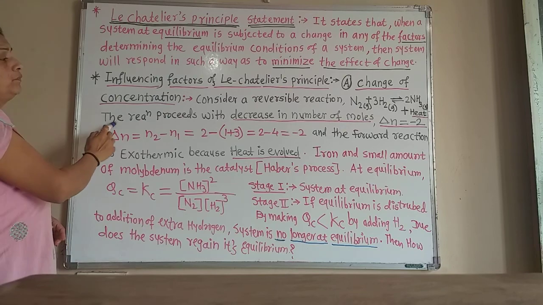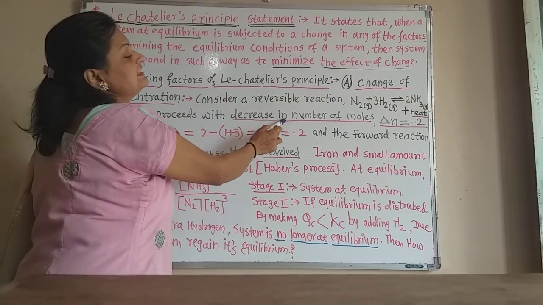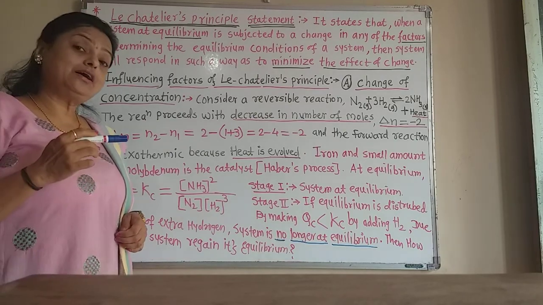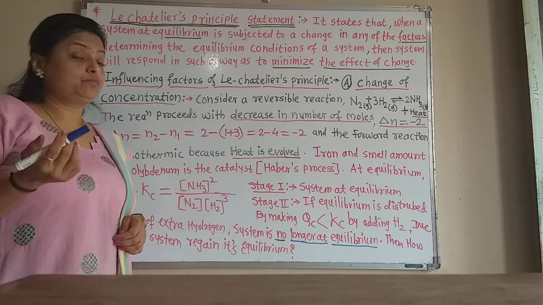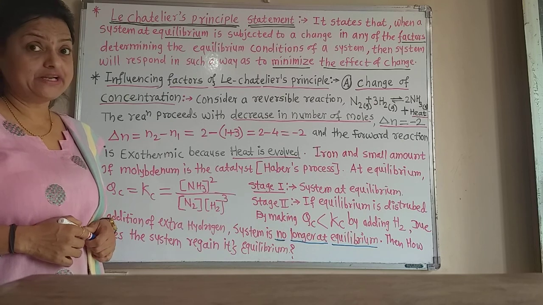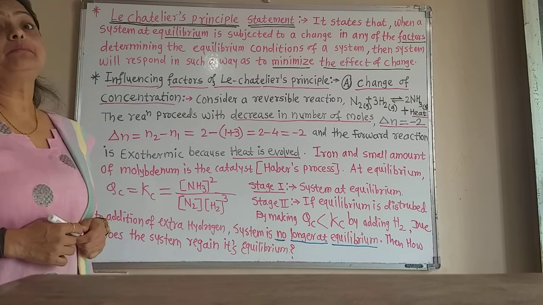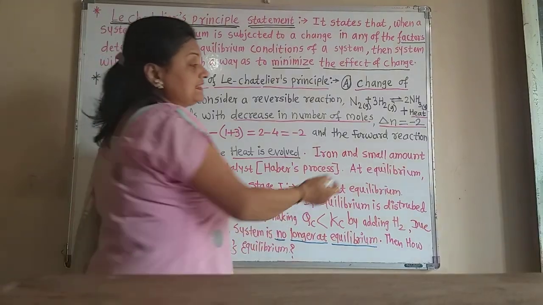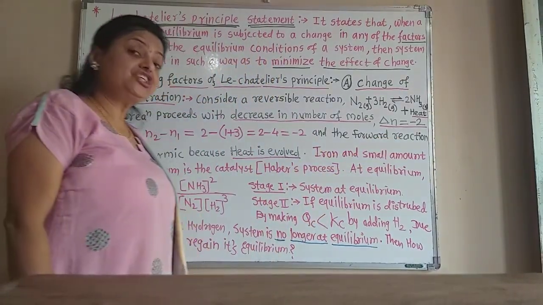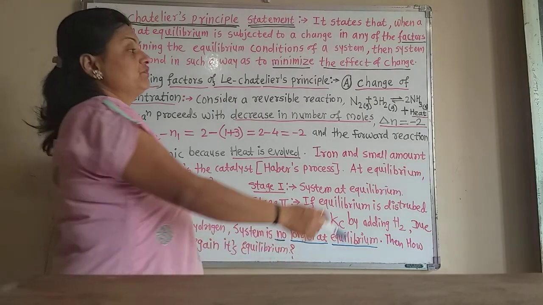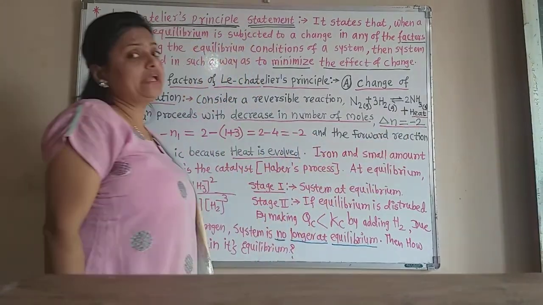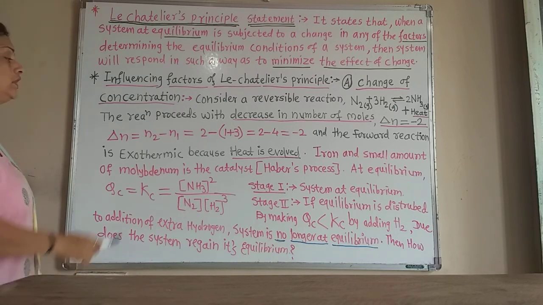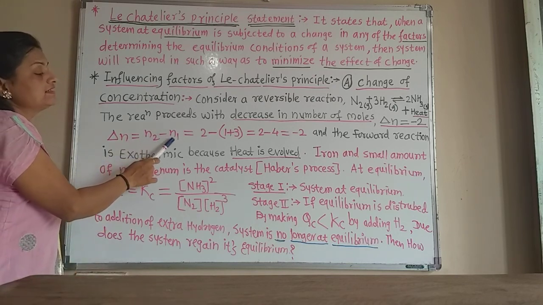Now the reaction proceeds with a decrease in the number of moles. That means after the reaction, the product, ammonia gas, is formed, but at that time the number of moles decreases. And what is delta n? That is the change in number of moles, equal to minus 2. How did we calculate that? Delta n, the change in number of moles, is equal to n2 minus n1.